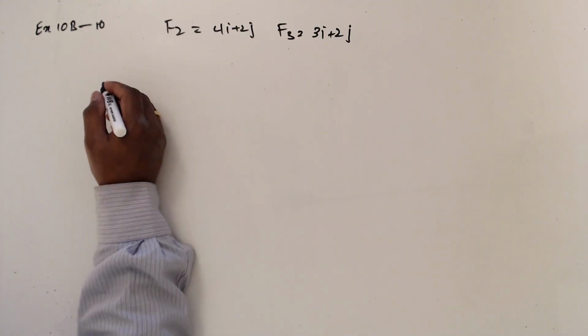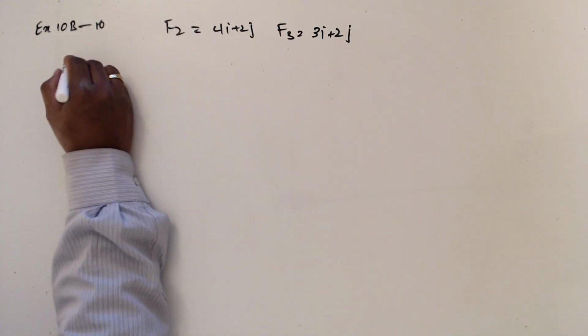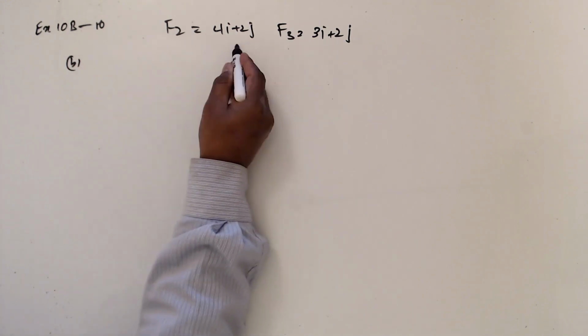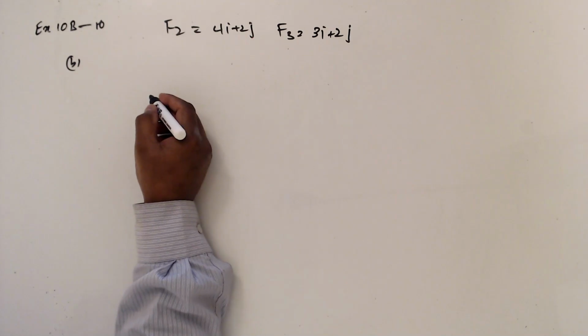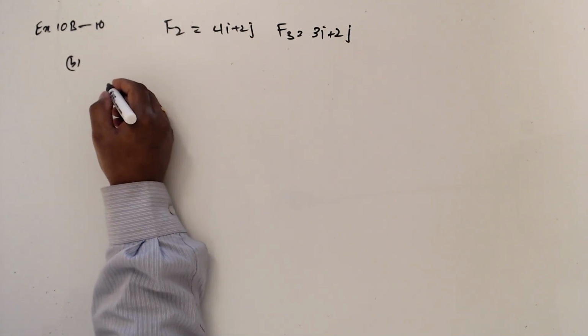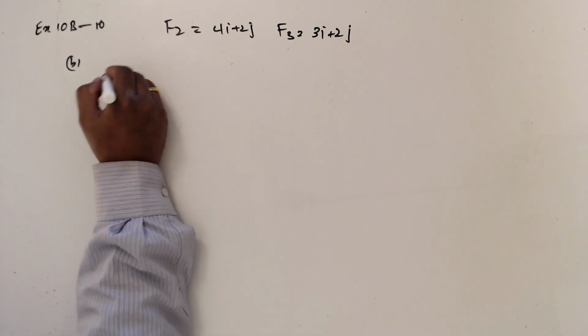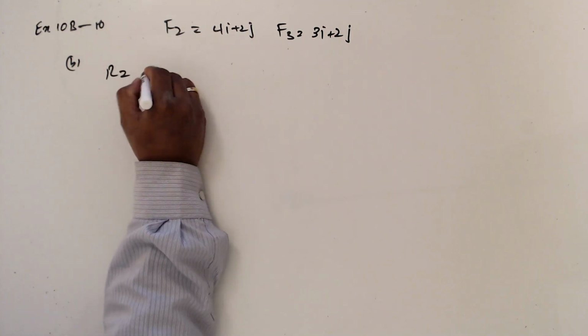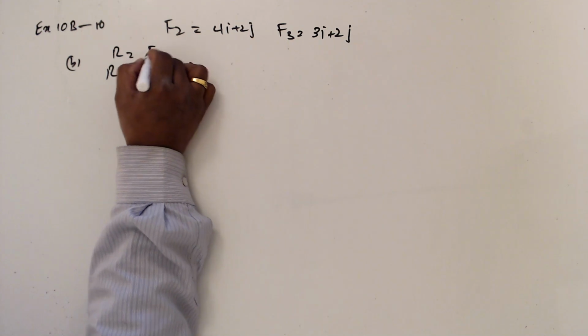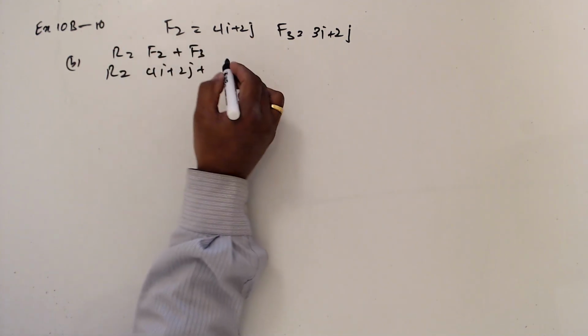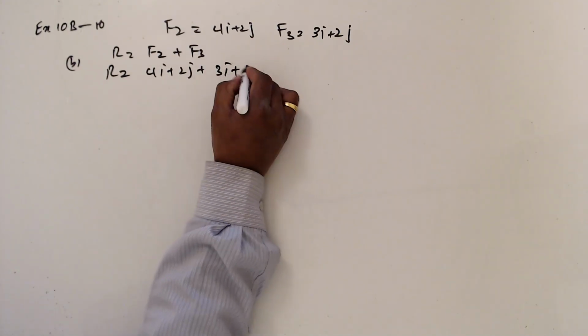Part B: now F1 is removed. The remaining are F2 and F3, and we found a and b now. We need to find R, the resultant force. R equals F2 plus F3: 4i plus 2j plus 3i plus 2j.